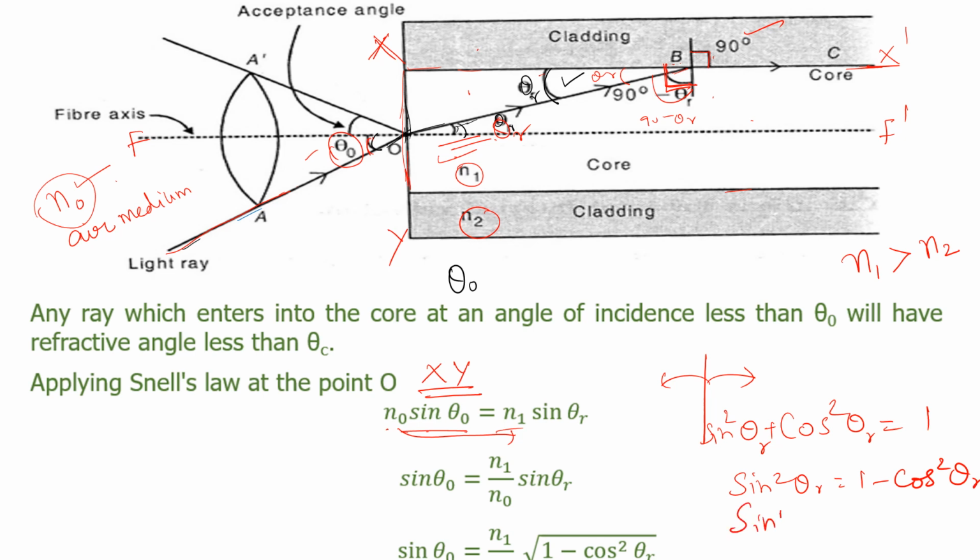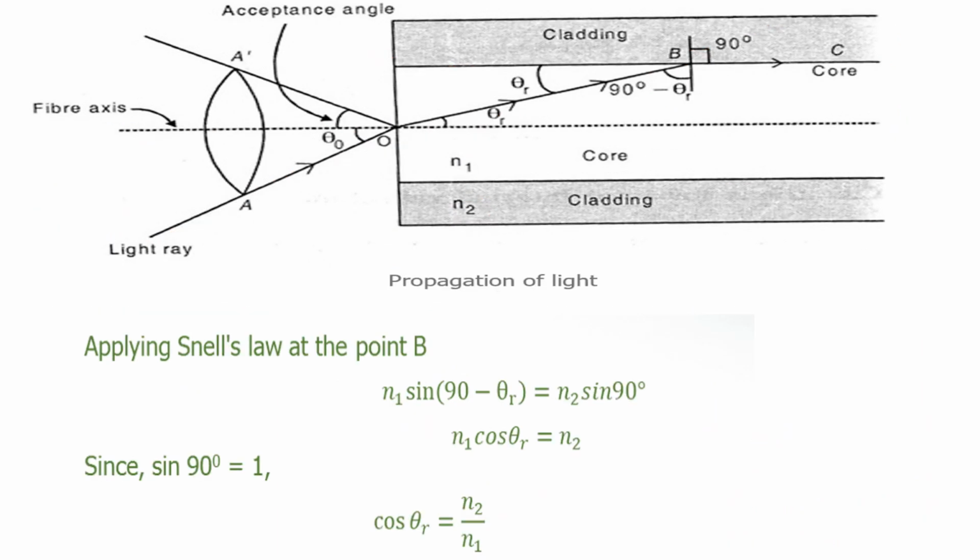Therefore sin theta r is equal to root of 1 minus cos square theta r. In this way sin theta r is replaced by root of 1 minus cos square theta r. Here we have n1 divided by n0. Now we have applied Snell's law at this interface XY.